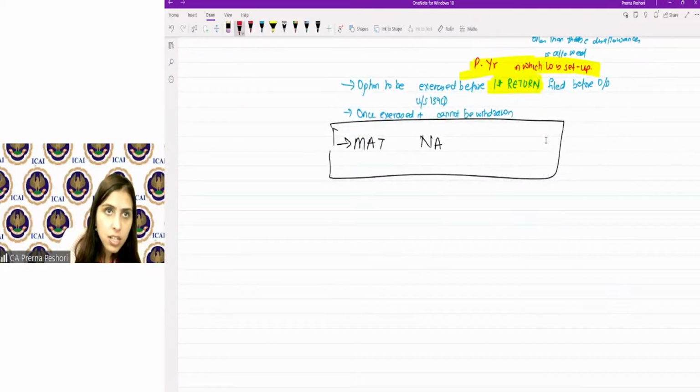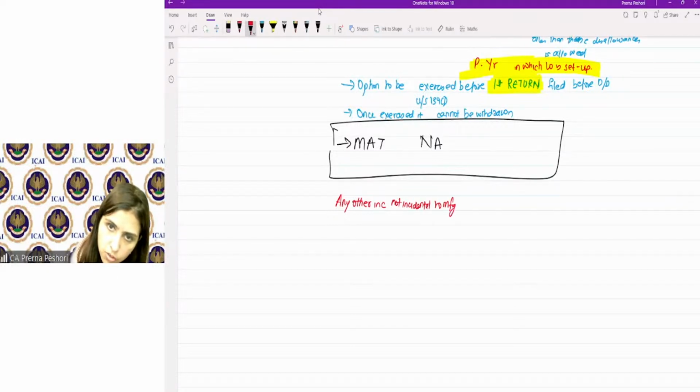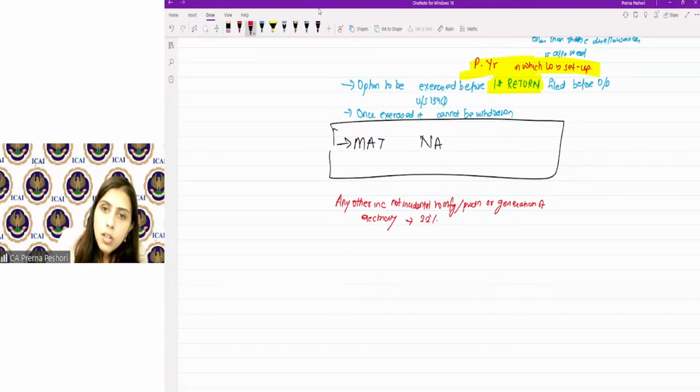So, if I have any other income, not incidental to manufacturing or production or generation of electricity, then this shall be at 22% tax rate plus surcharge at the rate of 10% plus cess at the rate of 4%, which effectively brings it to 25.168%.